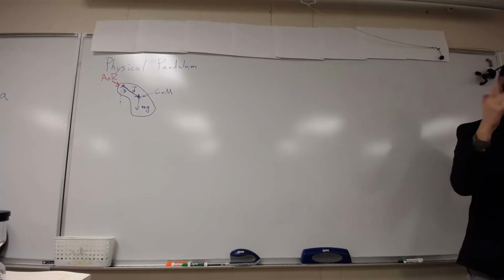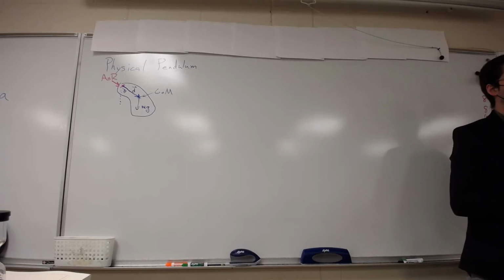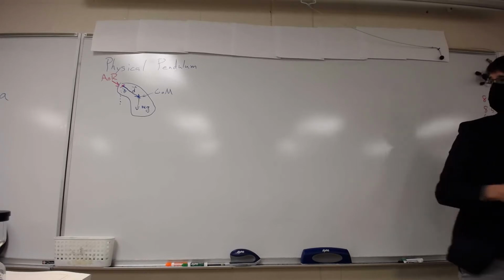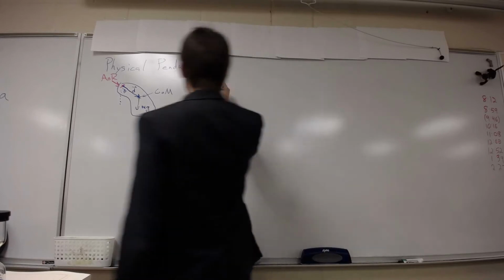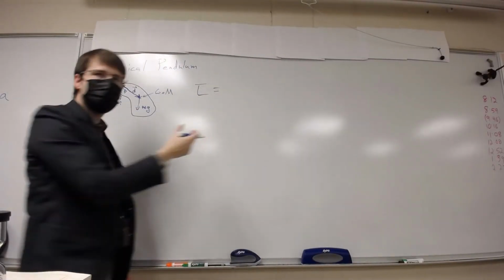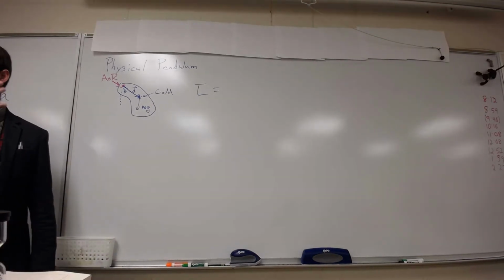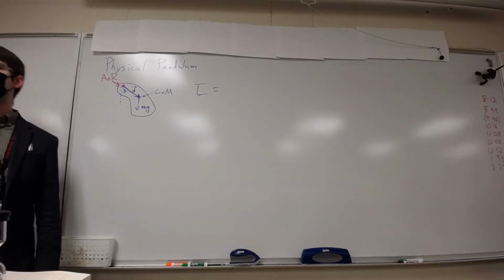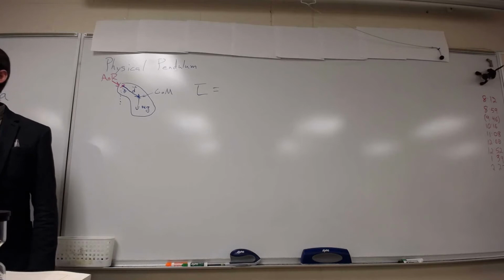So if you need to discuss amongst yourselves a little bit, if we remember what torque is in this situation. I've heard it whispered in the back. We get that the torque is going to be equal to, remember, r, the radius vector, crossed with the force vector, so it's the perpendicular component of the radius and the force.